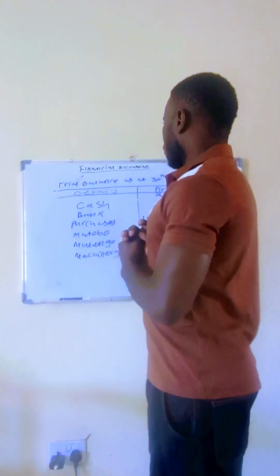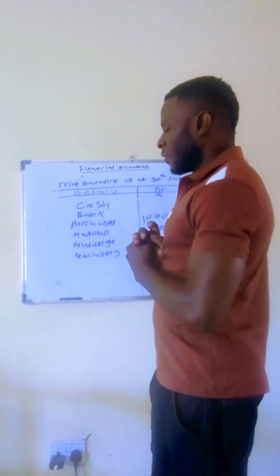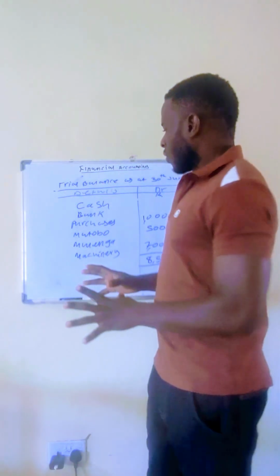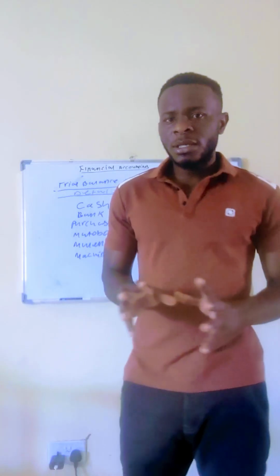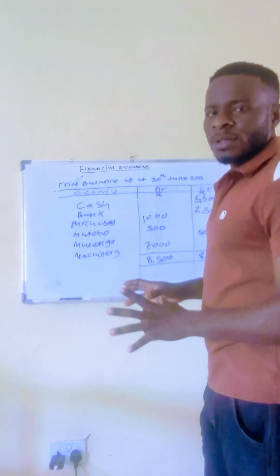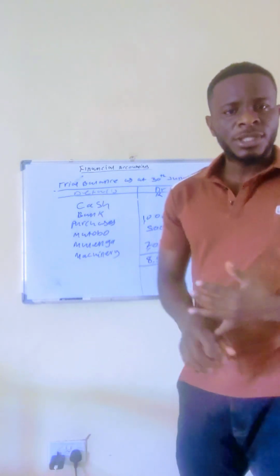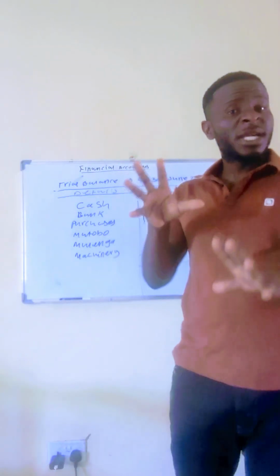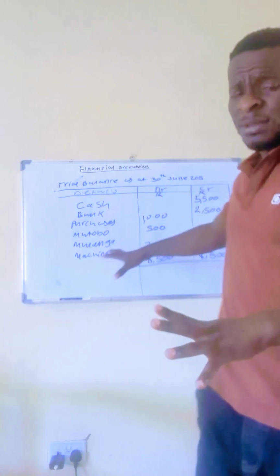Thank you very much. On our next tutorial, we'll talk about final accounting, where we'll talk about the trial balance. On the next topic, we are going to extract the income statement and the balance sheet from the trial balance. This is just a simple illustration of a trial balance.